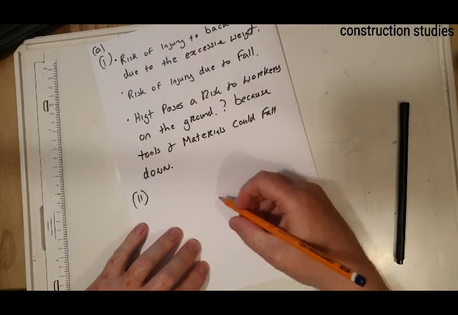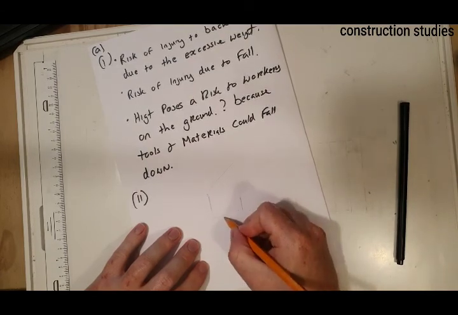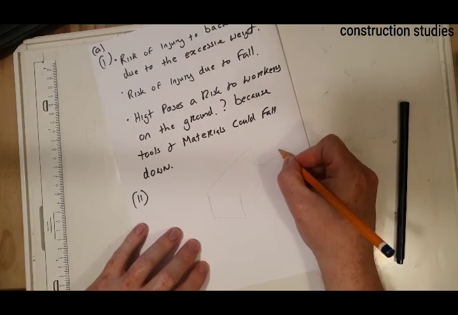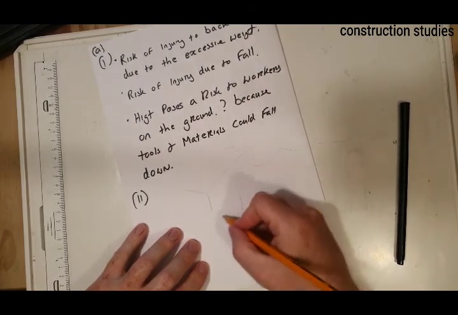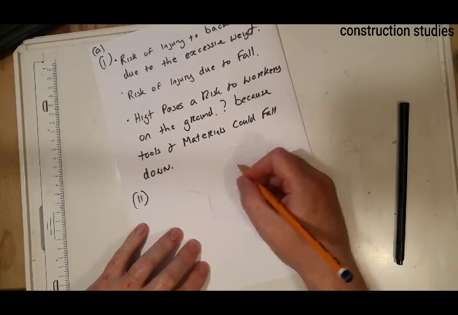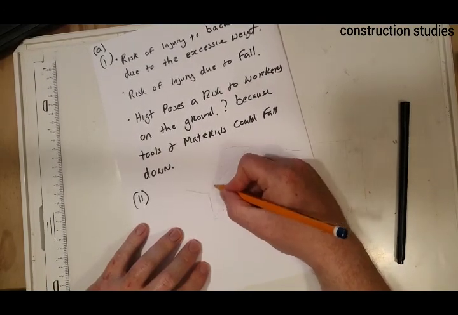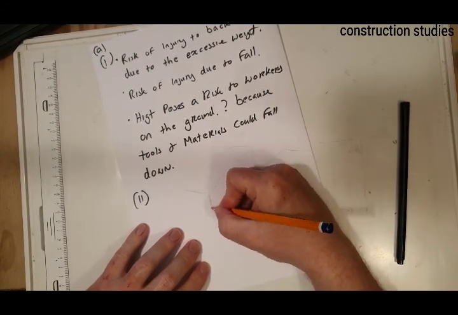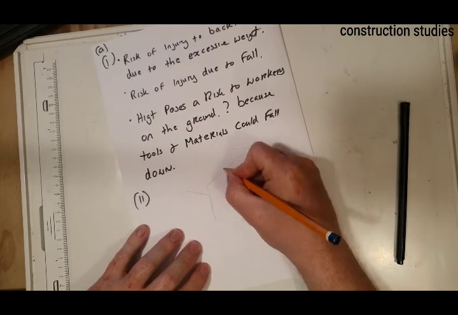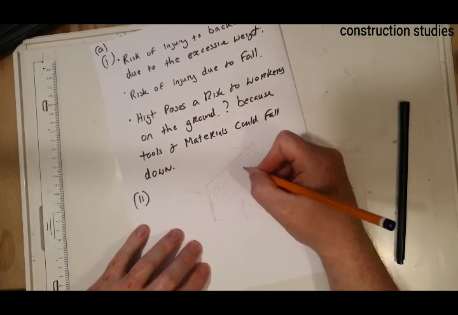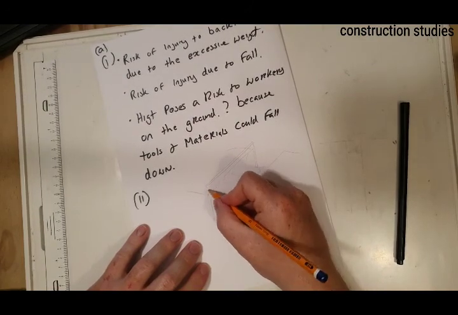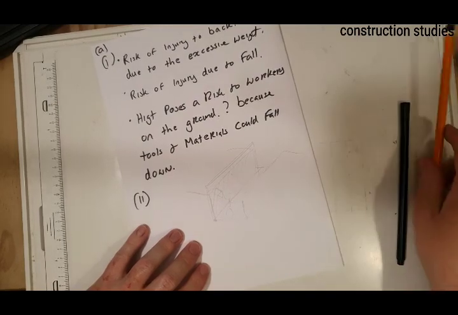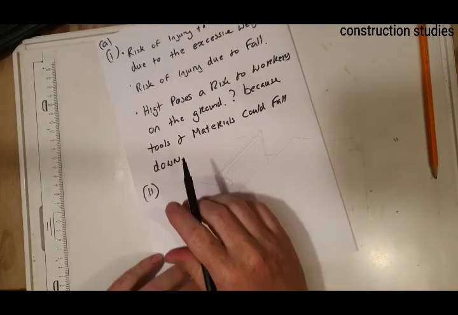So there's your trench, and you're laying pipes in here. If you've excavated down quite a lot and that side of the trench is not supported by something, a trench wall, then it could collapse on top of the worker while he's laying the pipe. So that's the first point I want to make.